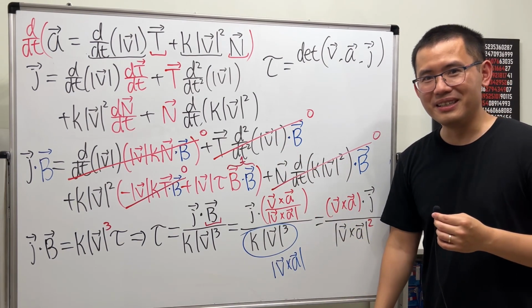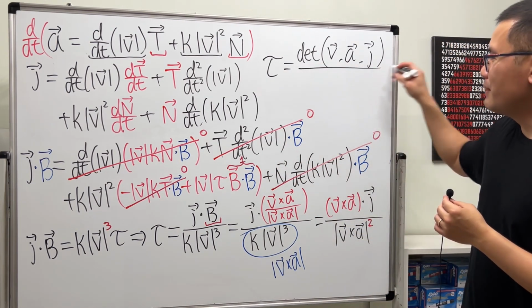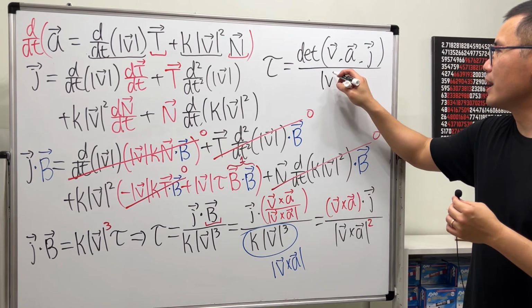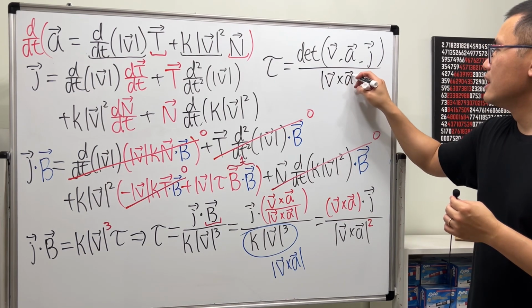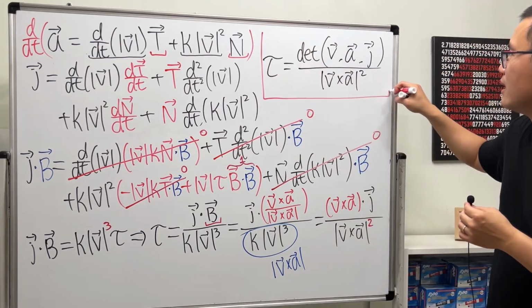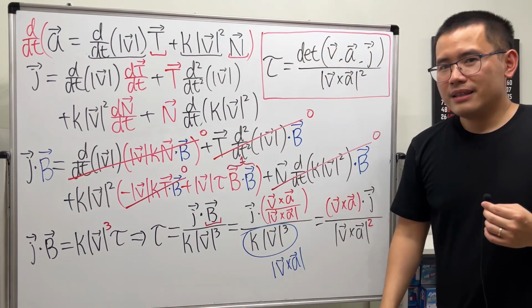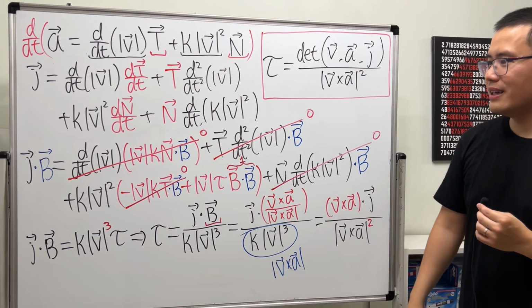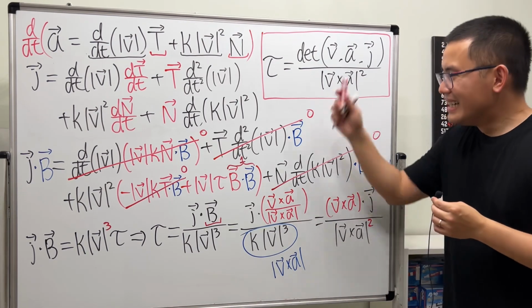That's what I showed you guys earlier. And then divided by this thing. Oh my goodness. Feels so satisfying. Here is the formula for the torsion. The book didn't prove it, so I wanted to prove it for you guys. That's it.